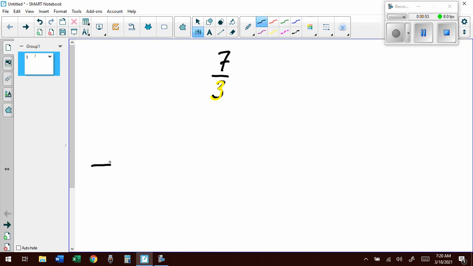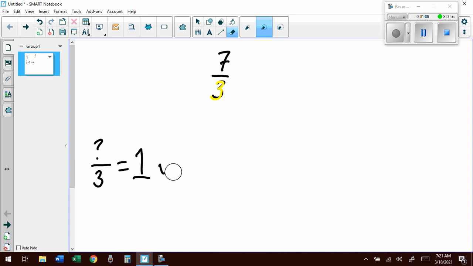So, the question is, how many thirds equal one whole? The answer is 3/3 equals one whole. So count by 3, or count by thirds.